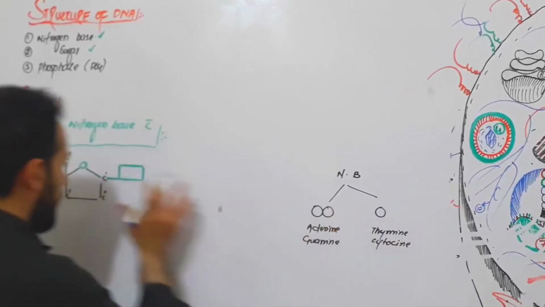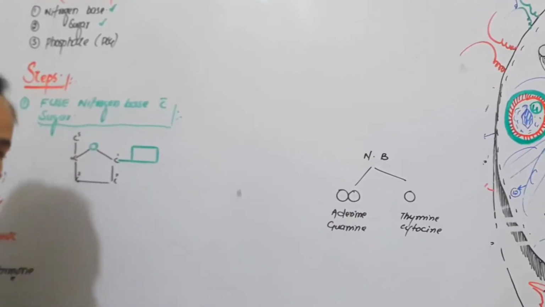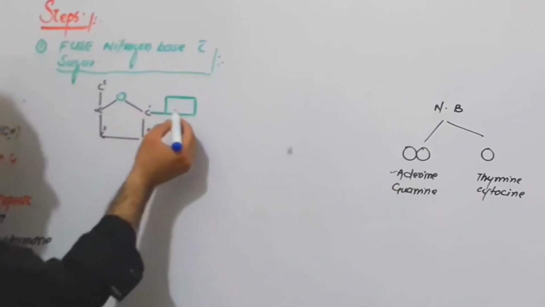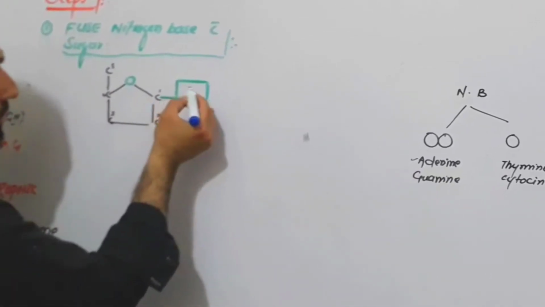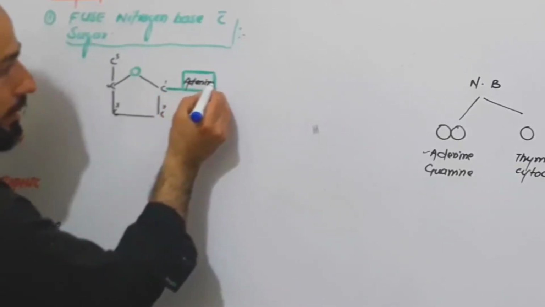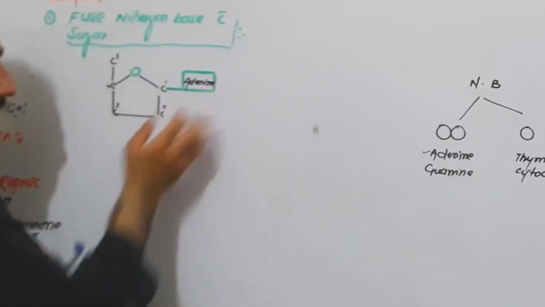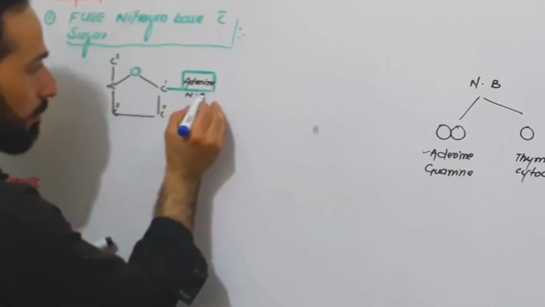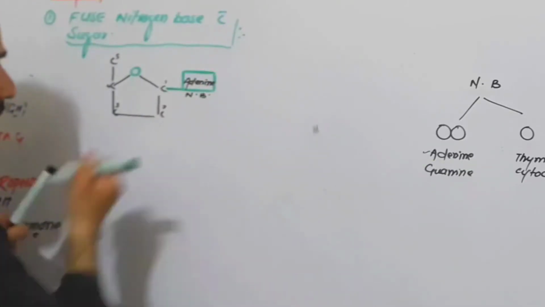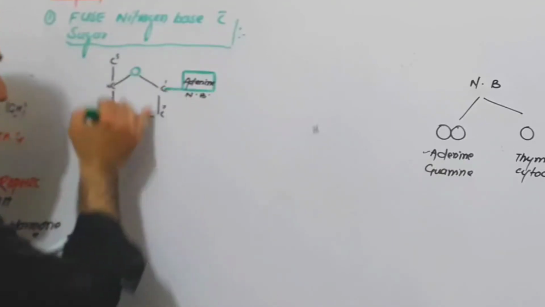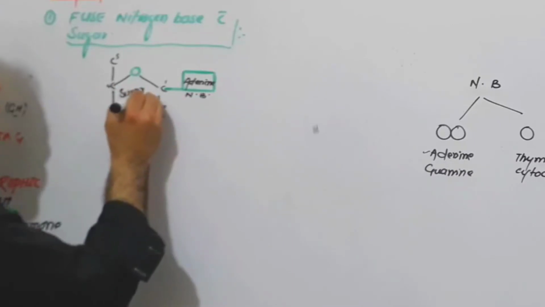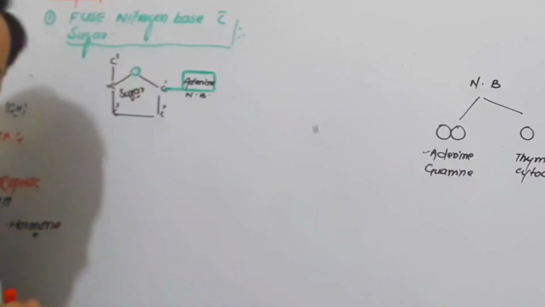So these nitrogenous bases we are combining with the sugar, right? If you are combining the adenine, for example, you are combining the adenine here, right? So if this is your adenine, this is the nitrogen base. What did we do? We combined this nitrogen base with this sugar, right? So this was our step number one.